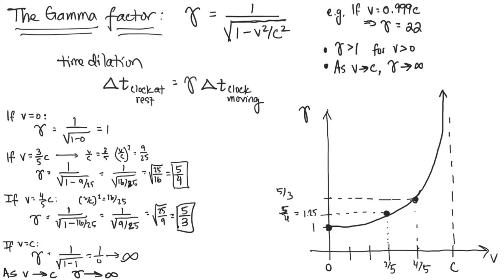So it's not at all a small effect, it's an enormous effect. Say Alice's clock on the rocket ticks 1 time, and in the meantime, Bob's clock is ticking 22 times, up and down, up and down. So when we say there's no such thing as universal time, this is exactly what we're getting at. These 2 clocks, Bob's and Alice's, are ticking at different rates by a factor of gamma, and that factor of gamma can be very large indeed.